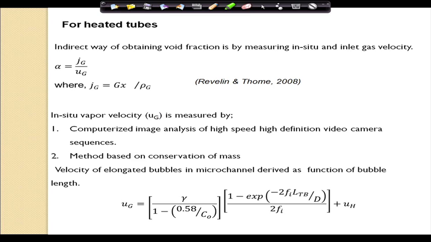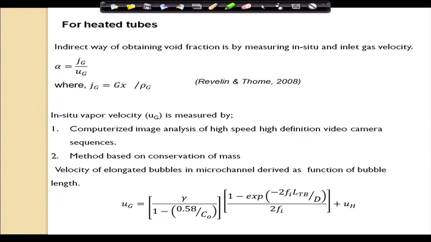Now, with this we have already discussed the effect of entry section, the effect of conduit diameter, and the effect of phase superficial velocities, denoted as volumetric quality, on the void fraction for adiabatic gas liquid cases. Now, what happens for heated tubes?